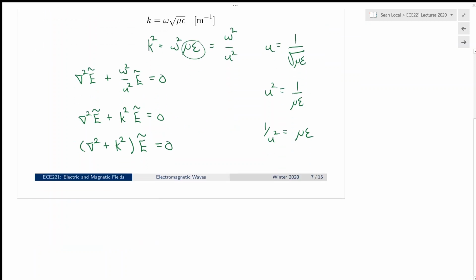And again, for completeness, let's just write out the corresponding equation for the magnetic field or magnetic field phasor. So these are the two wave equations that are being solved in time harmonic form. These are known as the Helmholtz wave equations.